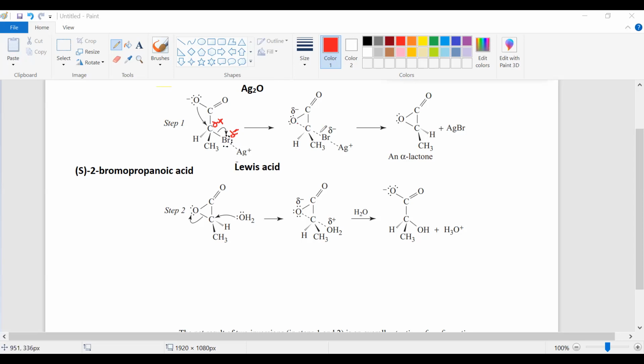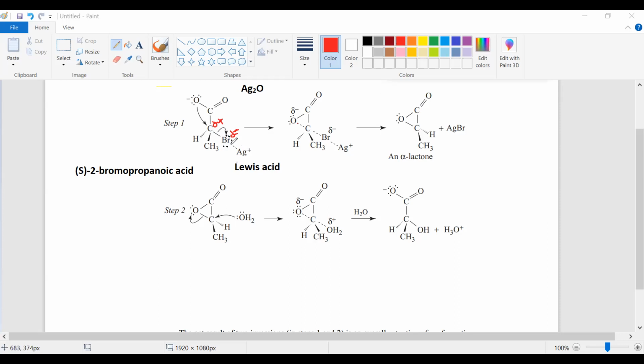The only way that oxygen shares is because this adjacent carbon is already partially positive, and since it's possible for it to form a bond adjacent, it is forced to form a bond here, which is a three-membered ring. You get your Ag.